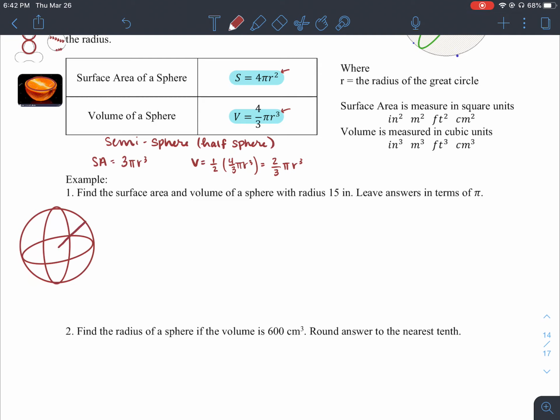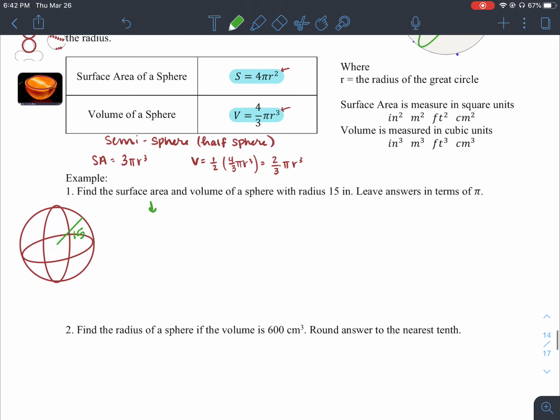But I have that sphere there, and we know the radius of that sphere is 15. I'm going to do that in a different color so it pops a little bit more. There's my radius, 15. I need to find 2 things: my surface area and my volume. So the surface area formula, pretty straightforward, is 4 circles, 4 pi r squared. I know my radius is 15.